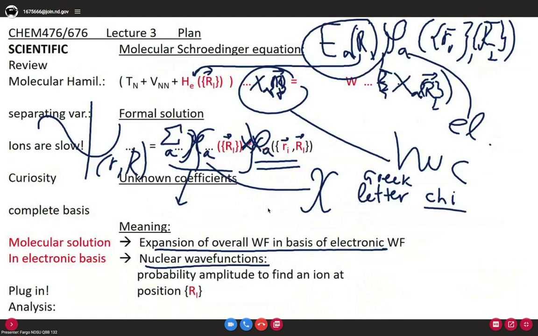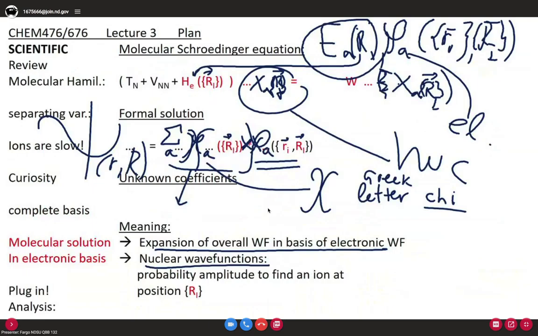Given the quantized nature of nuclear motions, the ion is not steadily nailed down to one position, but has some probability to move to left or right, and this chi function illustrates this feature. So instead of a one-dimensional constant c sub n as we did in one dimension, now in three dimensions and looking at multiple atoms, we're using chi sub a, and that'll be a 3-dimensional wave function.